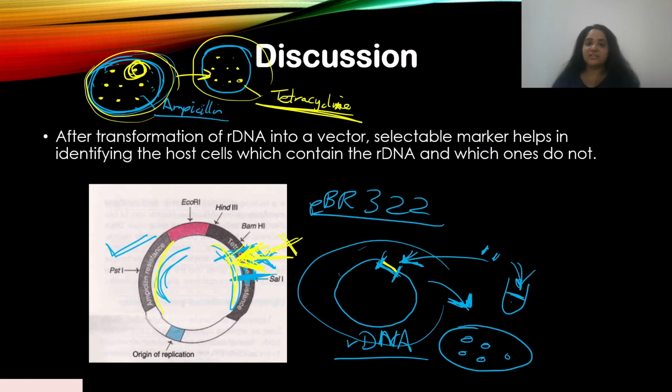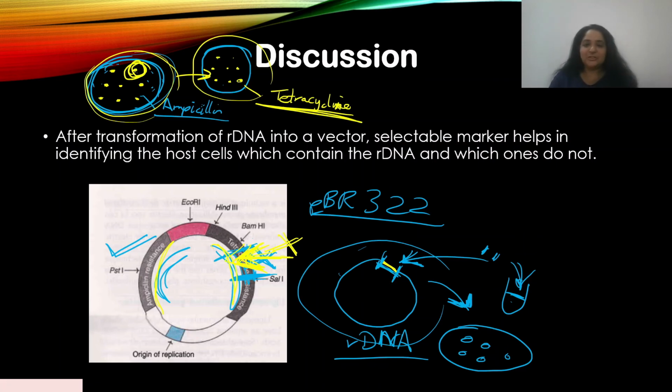That means the tetracycline gene is inactive in those, and those contain the foreign gene of interest, the recombinant DNA molecules that we want. So that's how it is important to have a selectable marker, and that's how it's actually done in a lab, to select the transformants from the non-transformants.